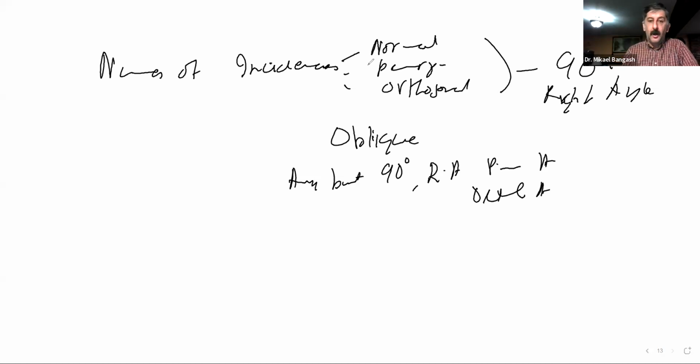And what we said earlier was that an incidence that makes a 90-degree angle, a perpendicular angle, a right angle, or an orthogonal angle with the tissue boundary is referred to as a normal incidence.